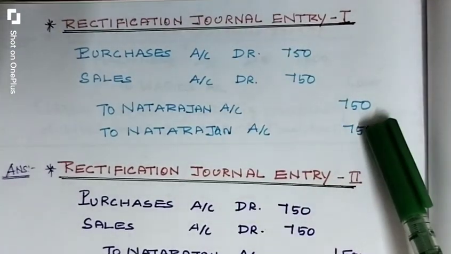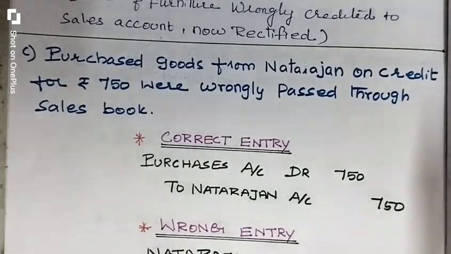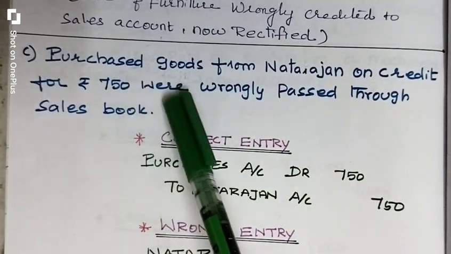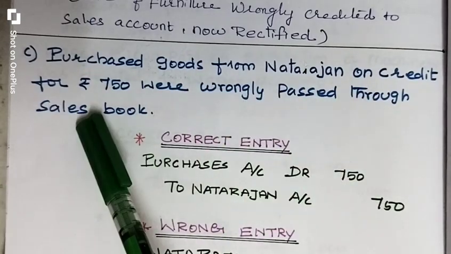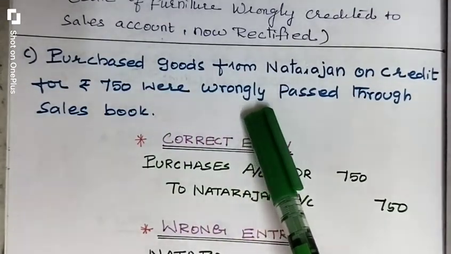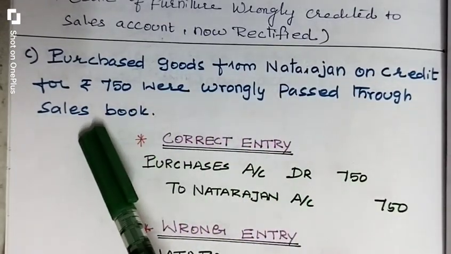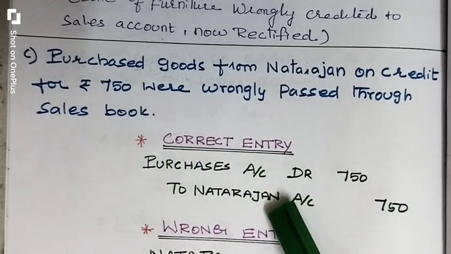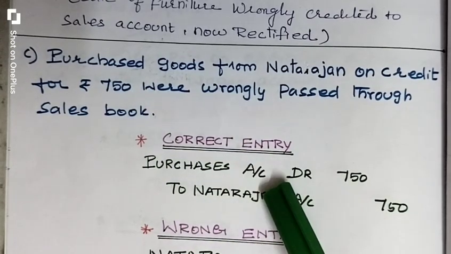Listen here carefully, I will explain again. Purchased goods from Natarajan on credit for rupees 750 were wrongly passed through the sales book. So instead of the purchases book, the accountant wrongly passed it through the sales book, and forgot to enter the purchases book. Now we need to rectify that.